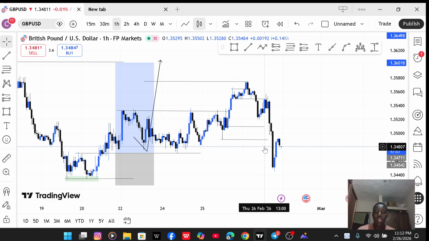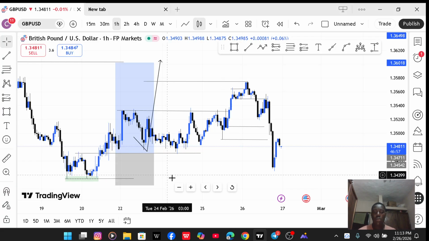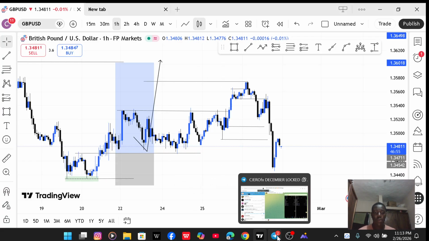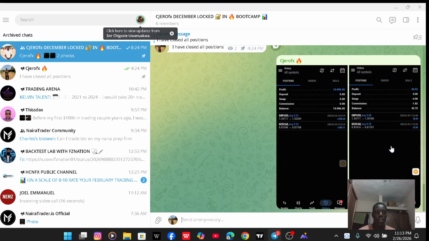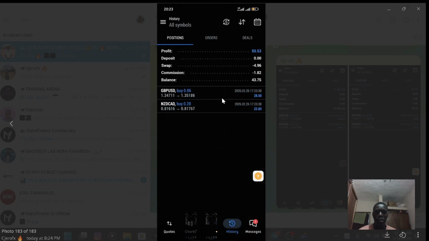Had I been active on my chart today, I shouldn't have taken this loss. Although this is not a loss, the trade was not a loss. Let me quickly show you guys. This is GBPUSD. This is the trade I took on my prop account, which should have given me around $150, but the price came back to almost break even.